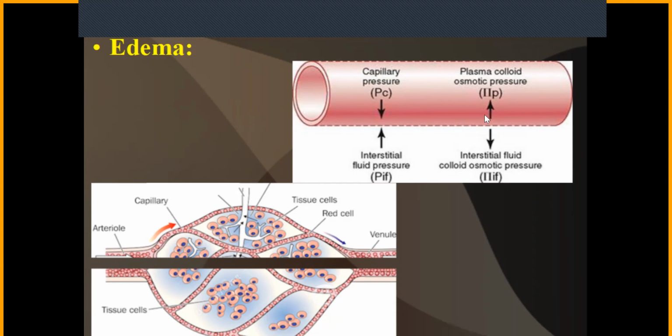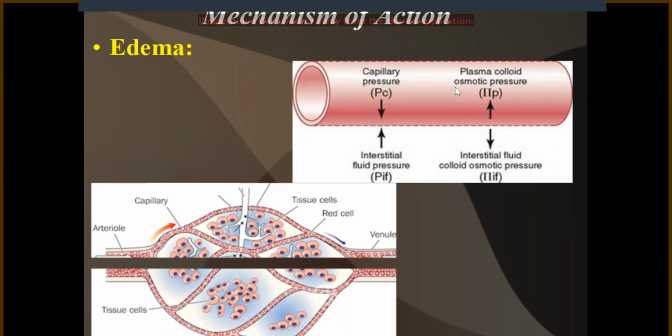So this pressure decreases and this pressure increases, and capillary pressure is towards the outside, and the plasma colloid osmotic pressure inside the blood remains constant. So the overall net effect is that the capillary leak pressure is decreased.